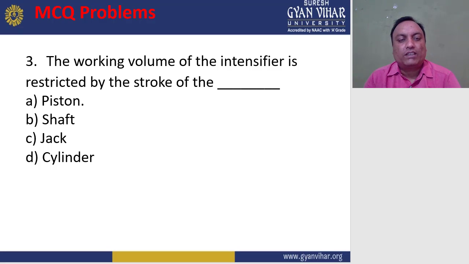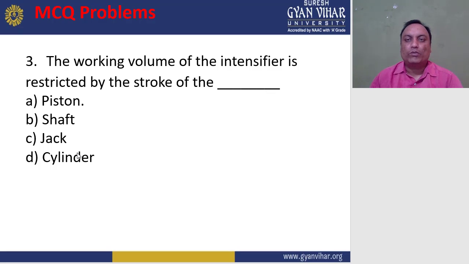So piston, option A is the right answer. As a result, the amount of work that may be done by one stroke of the intensifier is controlled. They are not reciprocating machines, right?